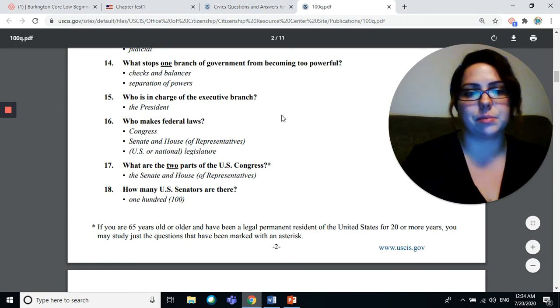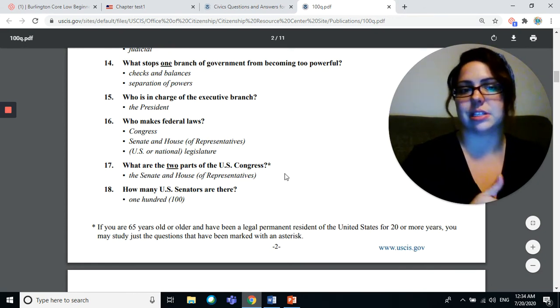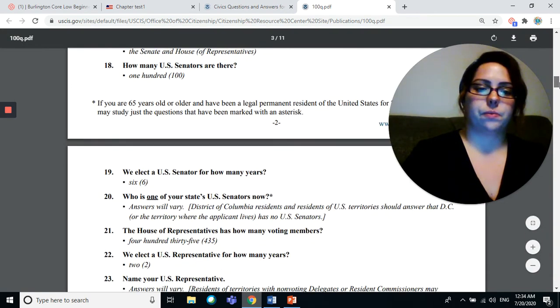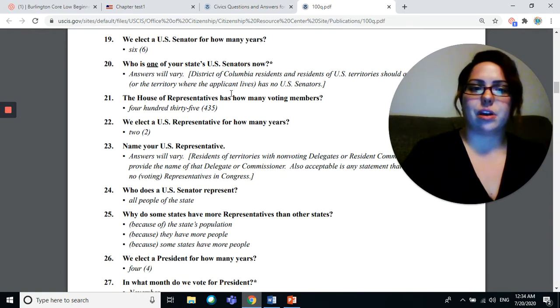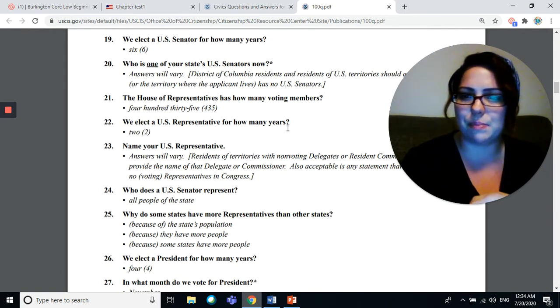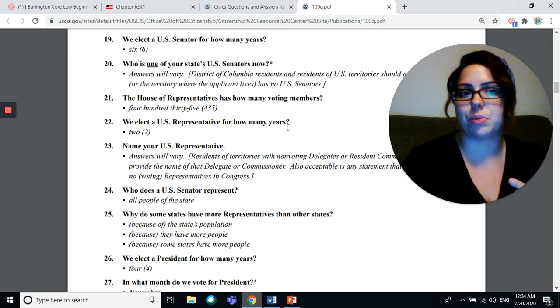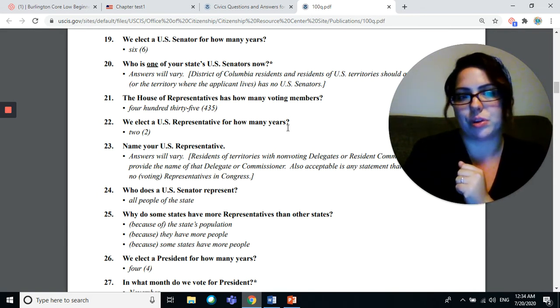So let's see, for example, what are the 2 parts of the U.S. Congress? The Senate and the House of Representatives. So that's another thing. And then there's going to be other questions that are only about your state or your state government, the place where you live. So it's different for every person depending on where they live.